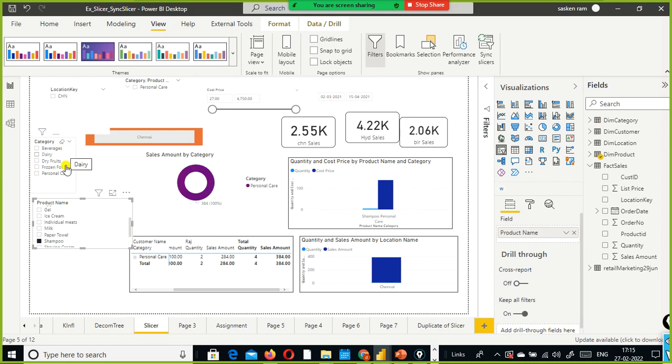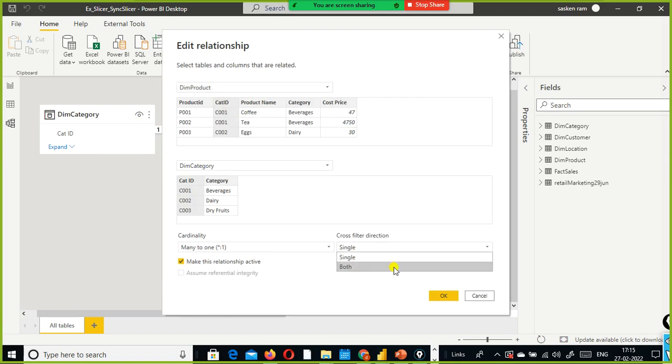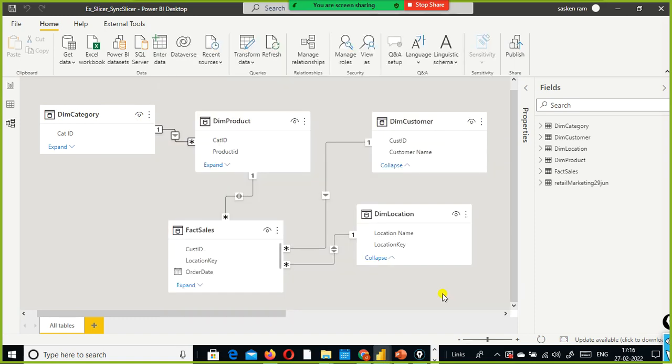The category slicer is not getting filtered when I select shampoo. The only way out is I need to enable bidirectional. From here to here you can filter it, but from here to here you cannot do it, because the filtering direction is the downward arrow. The down arrow tells us it is happening in this direction. So if you enable bidirectional, you should be able to do it on both sides. You can use the product dimension to filter category and vice versa.